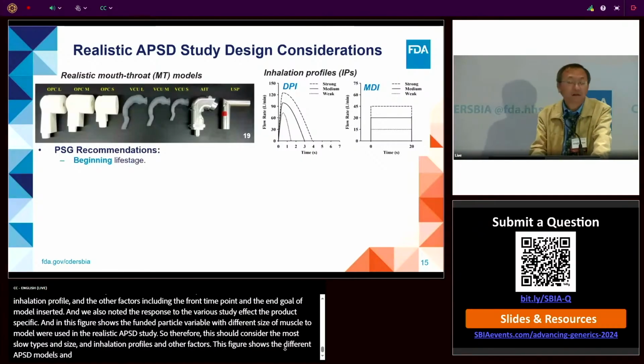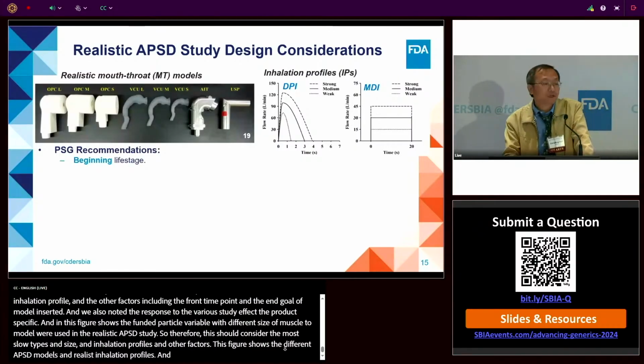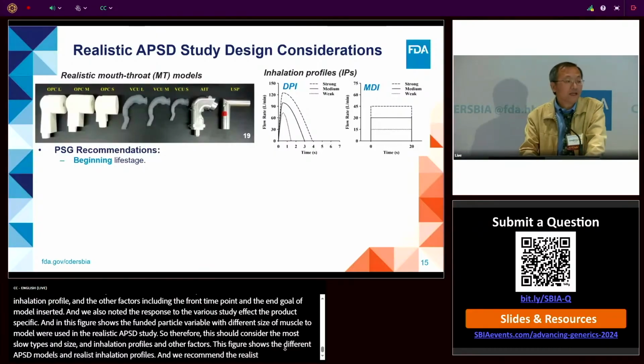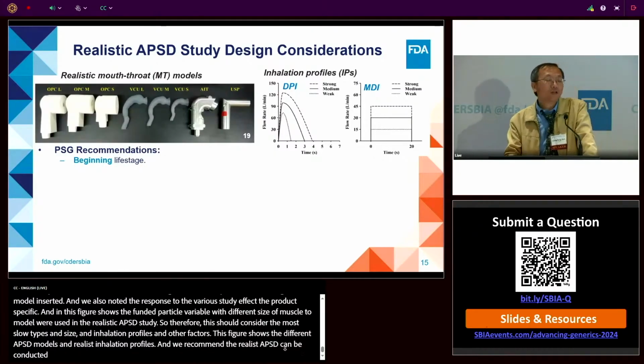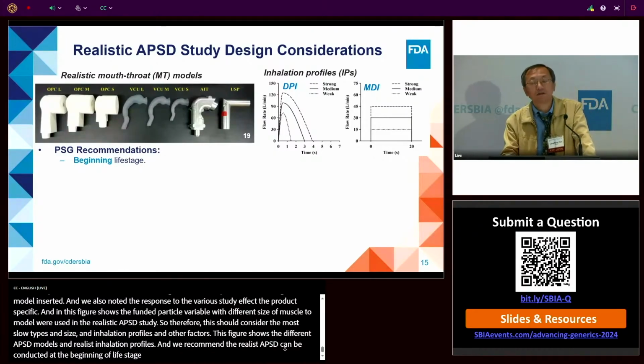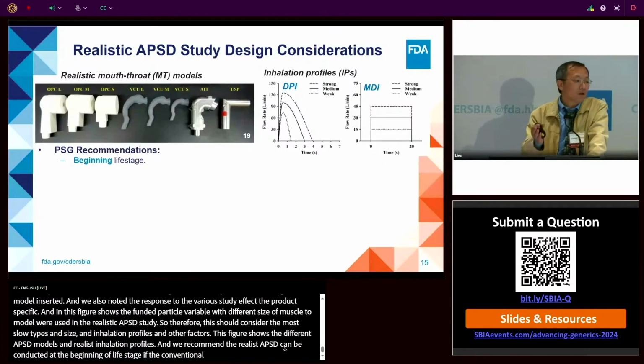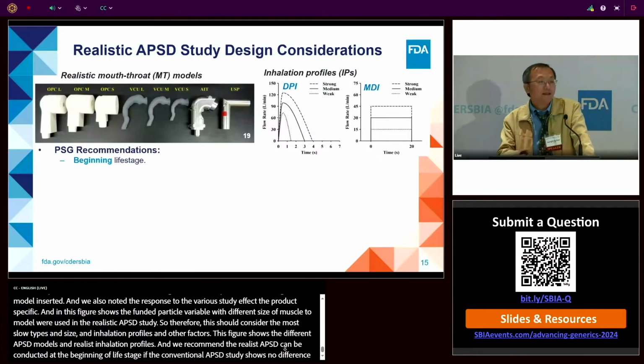We recommend that the realistic APSD can be conducted at the beginning of life stage, if the conventional APSD study shows no difference between the beginning stage and the end stage.